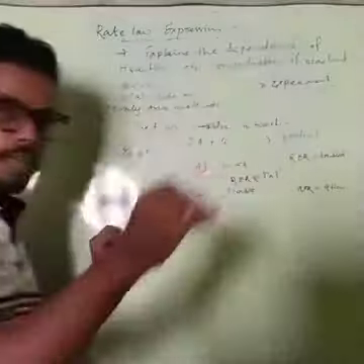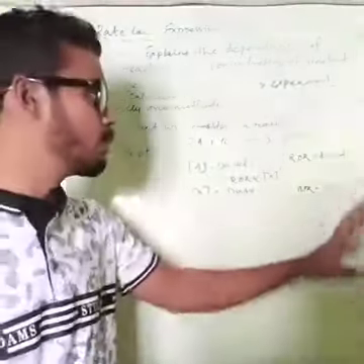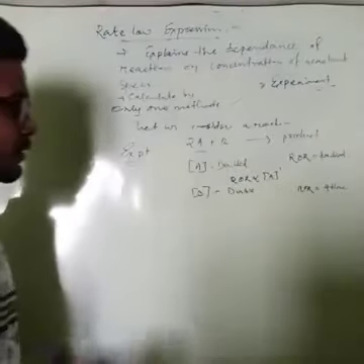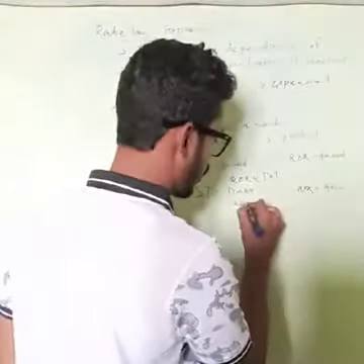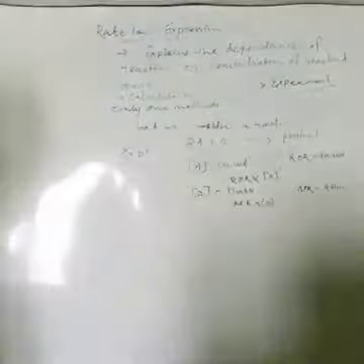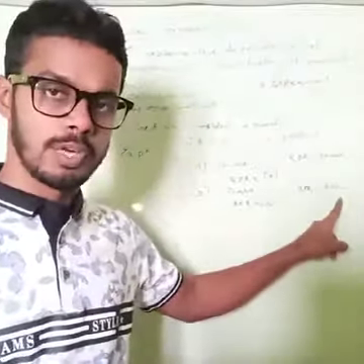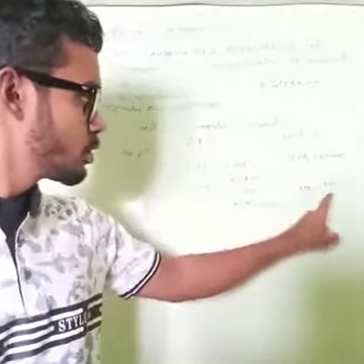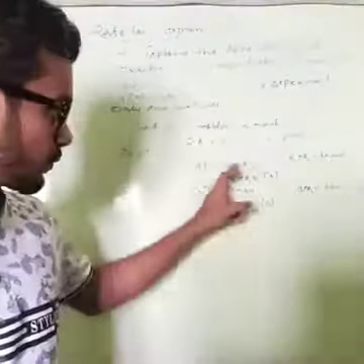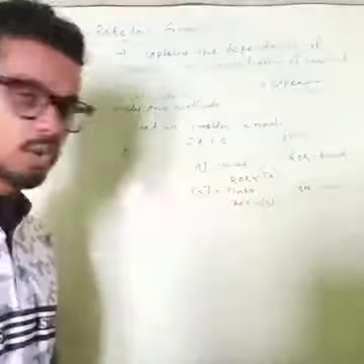I just assumed double gives 4 times. That means ROR here goes as the square, power 2. You are doubling it, you get 4 times. See, just the square of this. Double is doubled, so single is. Clear? Once you change the concentration, you are getting something else, the ROR.